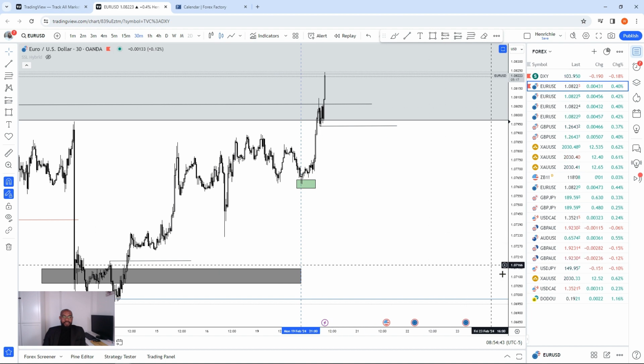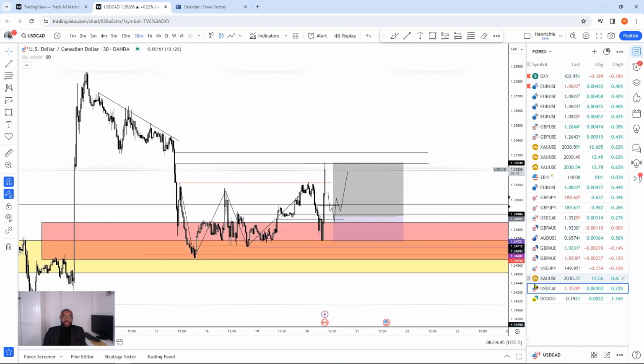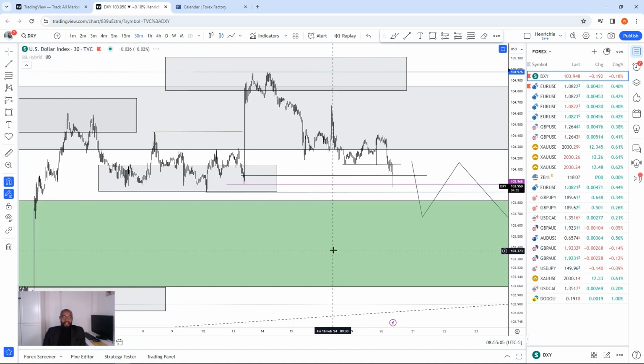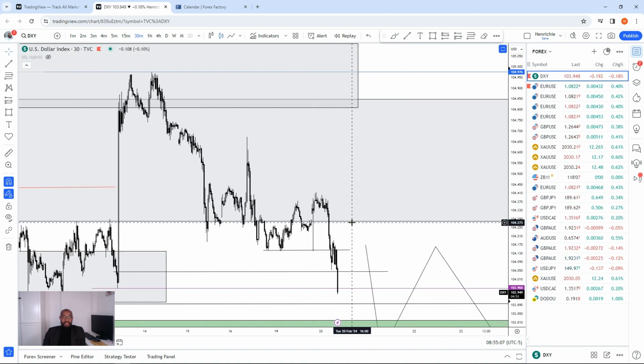It's moving up in tandem with Euro US dollar. So what does that tell you? That tells you there's a crack in correlation. And I still want to see more higher prices on US dollar, but at the same time, this impulse move and this impulse displacement, it doesn't align, and it makes the trade low probability.